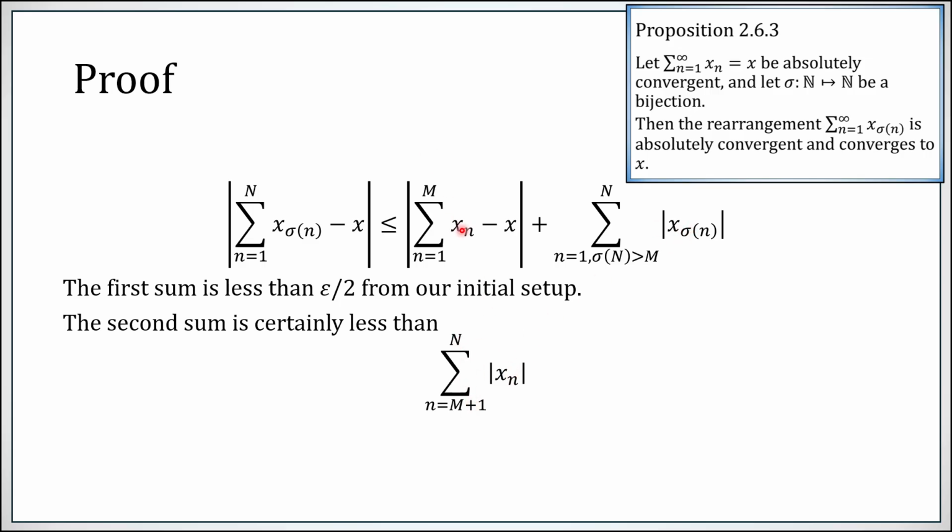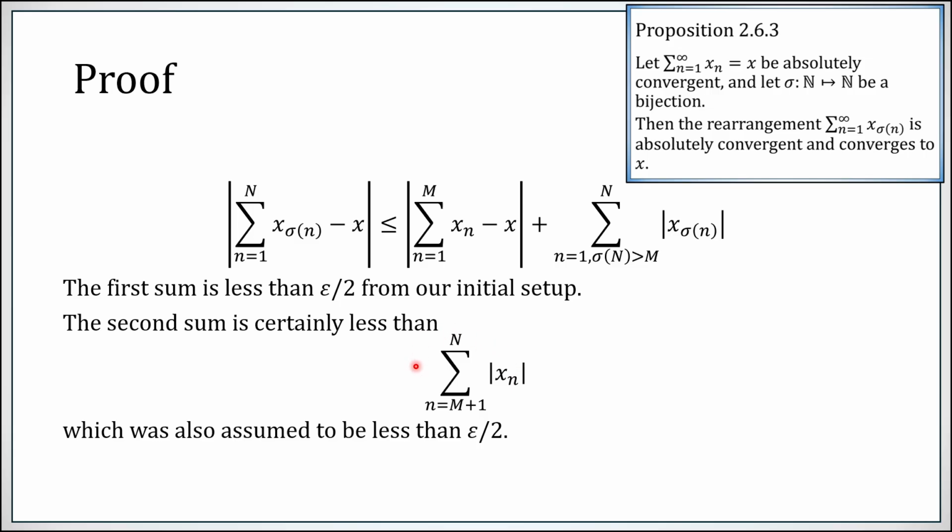Why? Here, from our listing, x sub sigma of 1 through x sub sigma of capital N, this just accounts for actual subscripts 1 through m, not sigma of 1 through sigma of m, actual subscripts 1 through m, and this was everything else. So we definitely account for everything else in that sum.